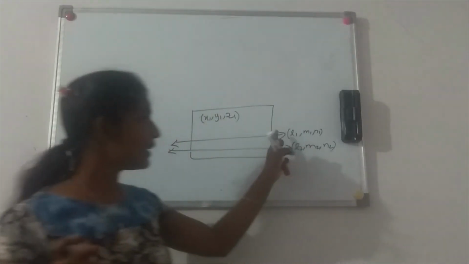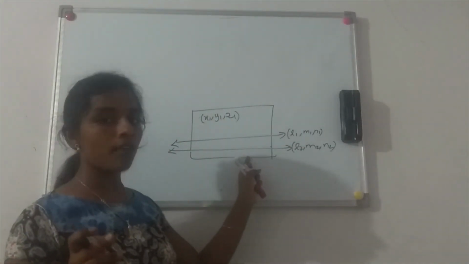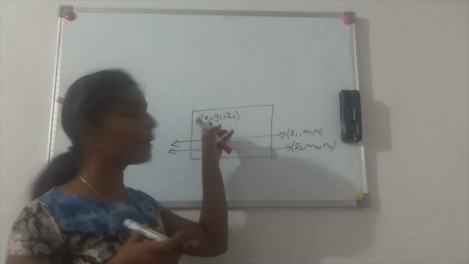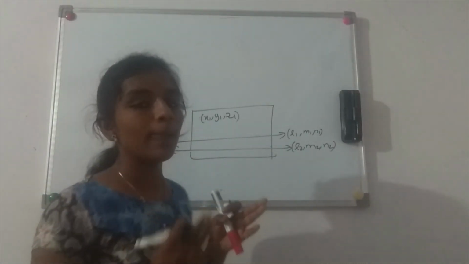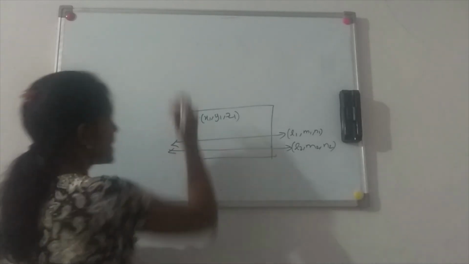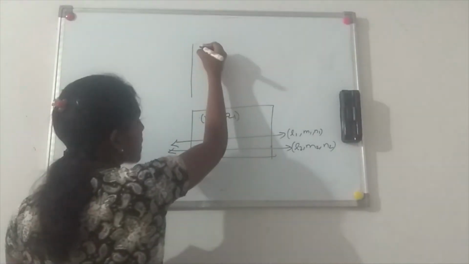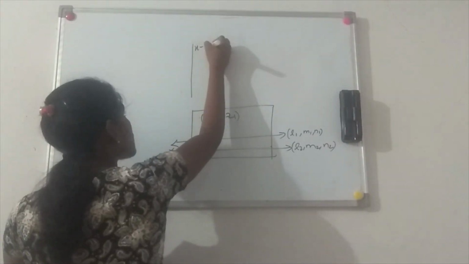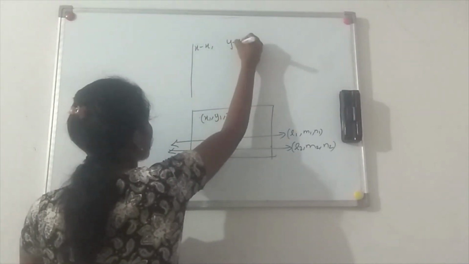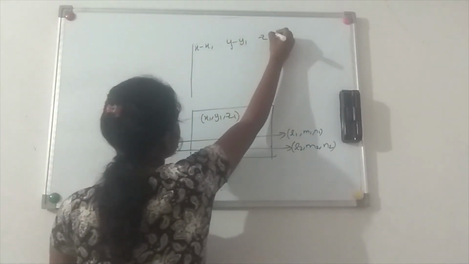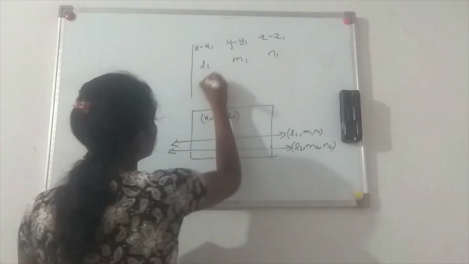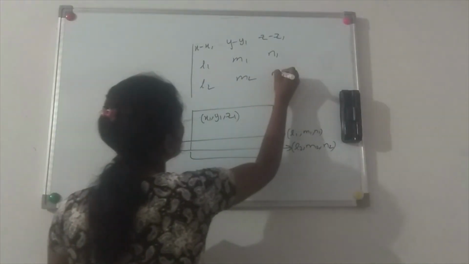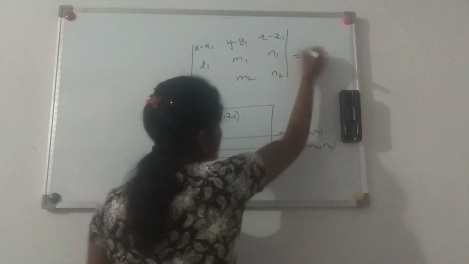Clear? You have been given the DRs of the 2 lines through the plane and 1 point on the plane. So what do you do to find the equation of the plane? It is very simple. That is also the determinant with rows x minus x1, y minus y1, z minus z1; L1, M1, N1; L2, M2, N2, equals 0.